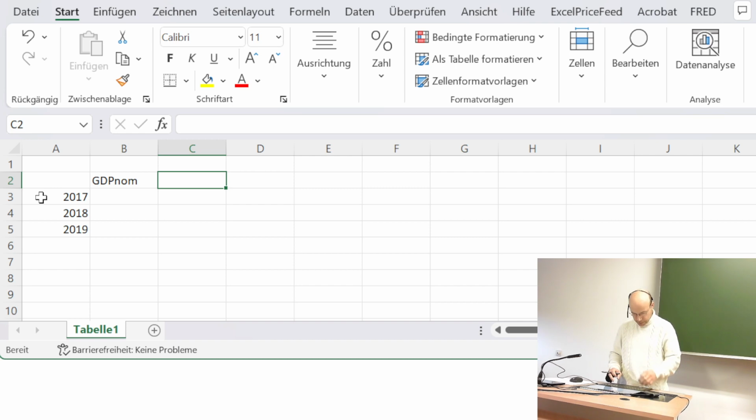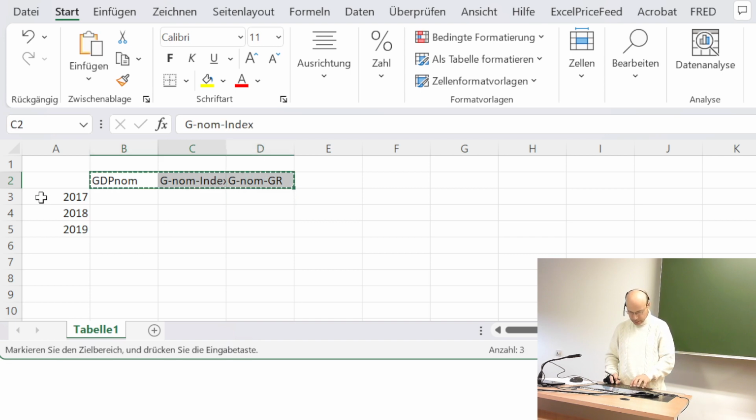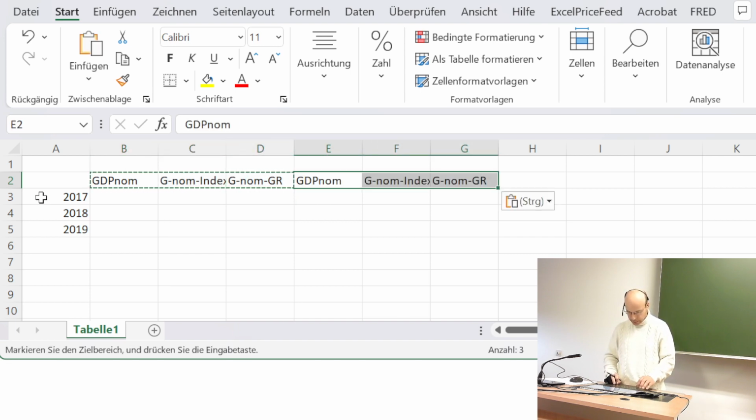Then we need the GDP growth rate. And what else do we need? Well, let's also take the index value, the nominal GDP index, and all this we also need for the real growth rate.